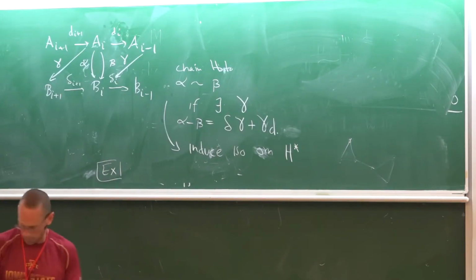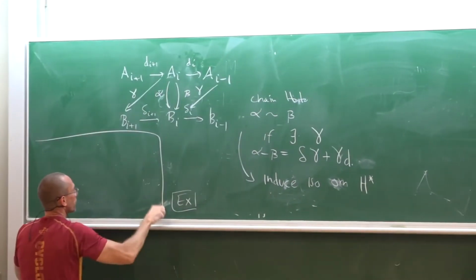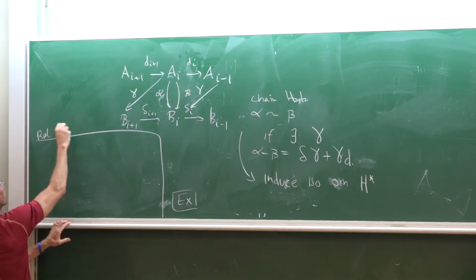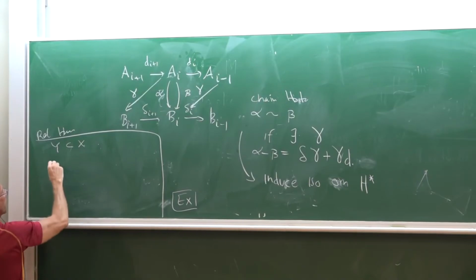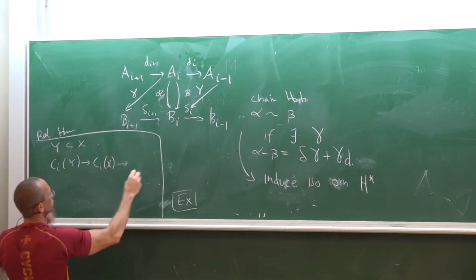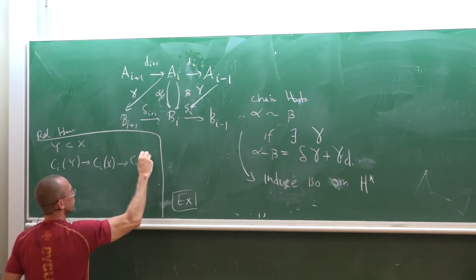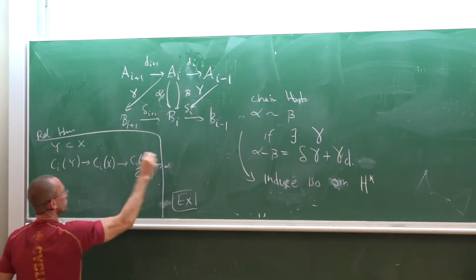And the last thing I wanted to remind you of was relative homology. So if y is contained in x, I have the i chains on y sitting inside the i chains on x. And then I can quotient by this, so I have C_i(x) mod C_i(y). This is a short exact sequence.